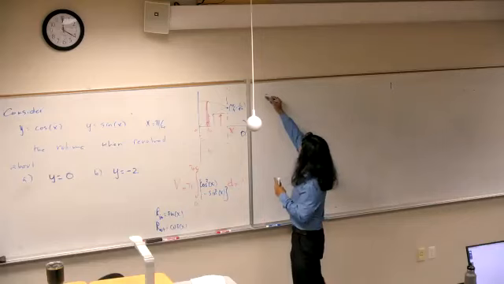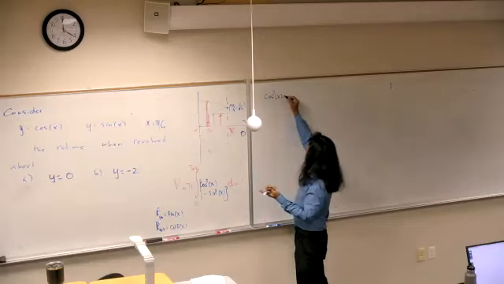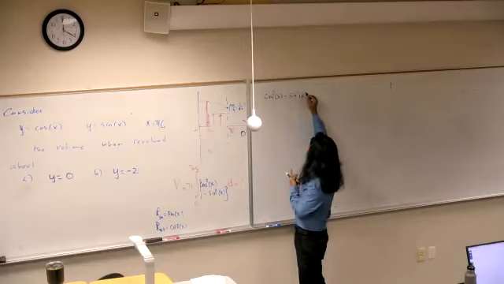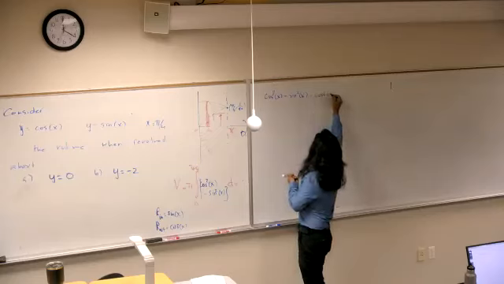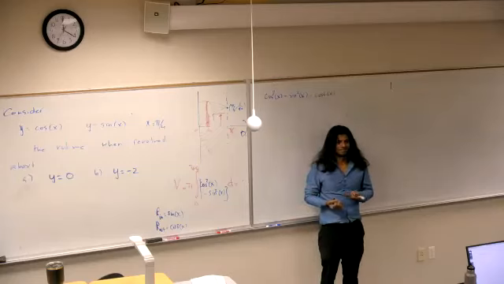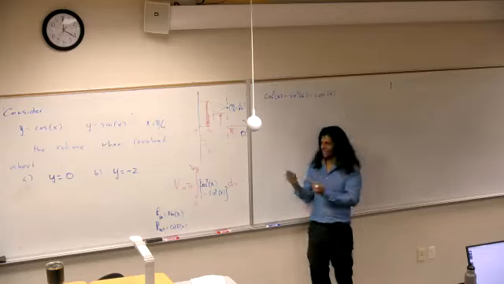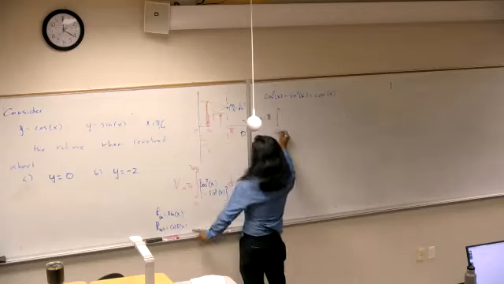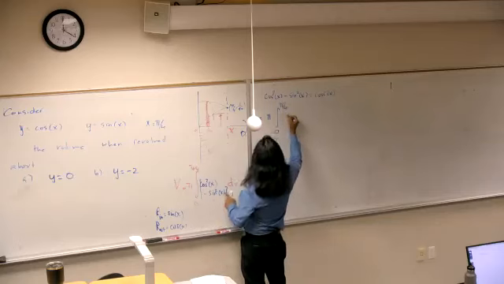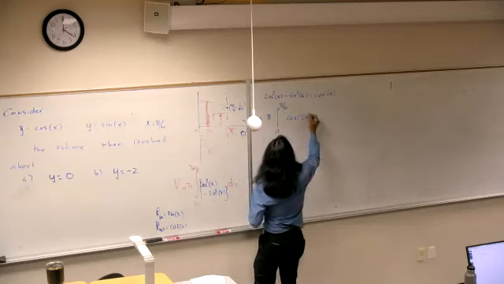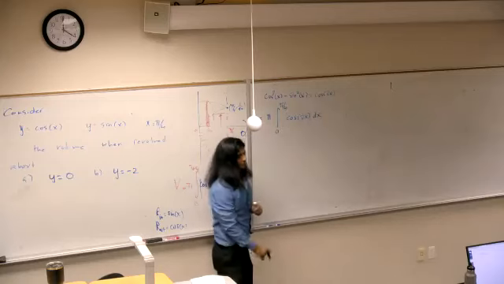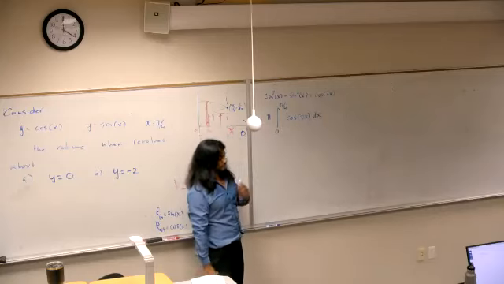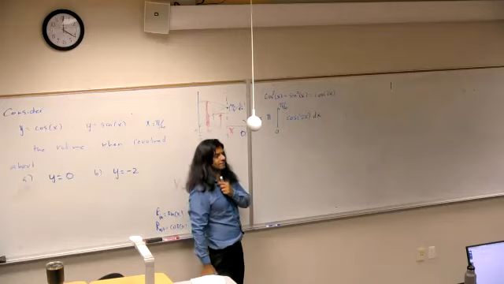Reason being, cosine squared x minus sine squared x is actually cosine 2x. Right? So I can simply change the integral like so, put it as cosine 2x dx. That's what I'm doing. Yes.